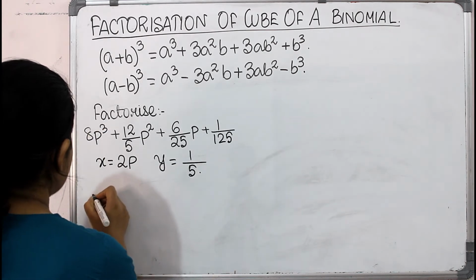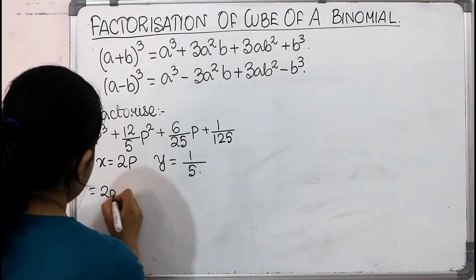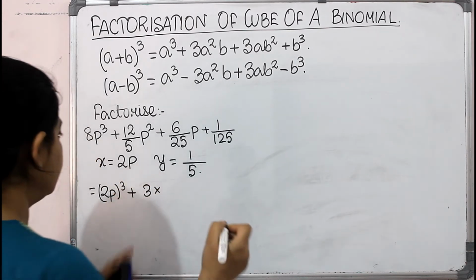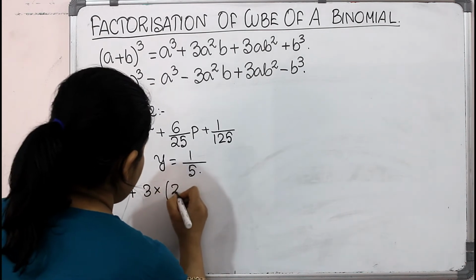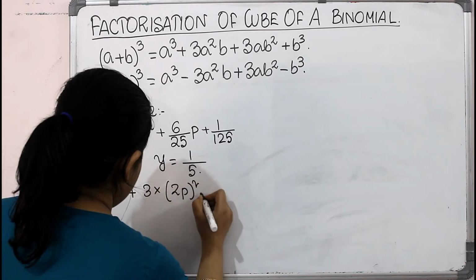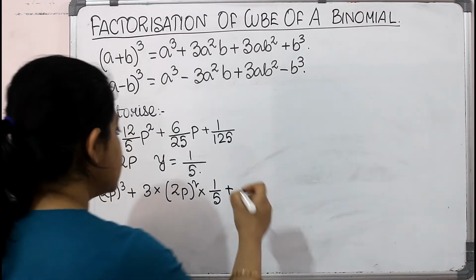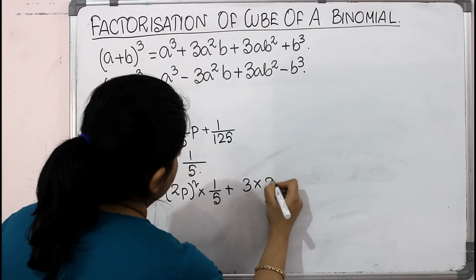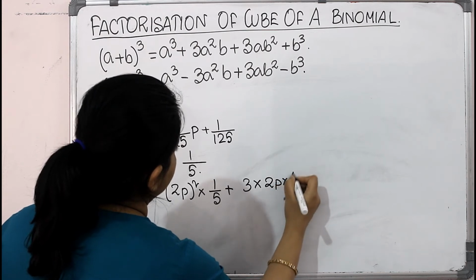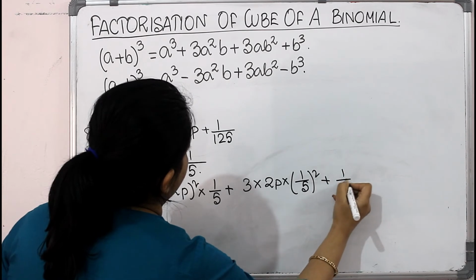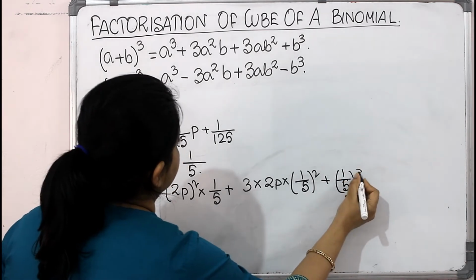So this becomes equal to 2p whole cube plus 3 into 2p square into 1 by 5 plus 3 into 2p into 1 by 5 square plus 1 by 5 whole cube.